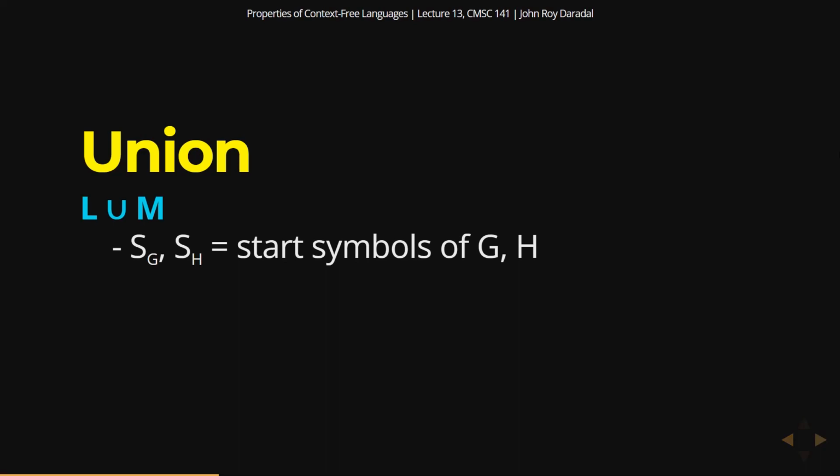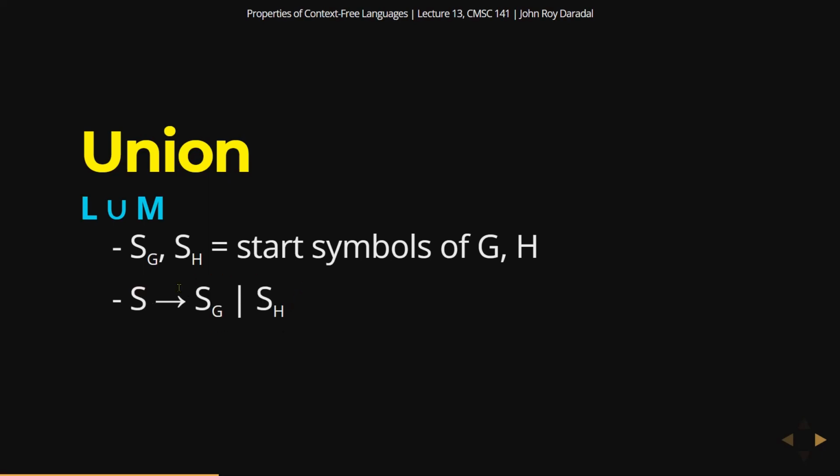To create the context-free grammar for L union M, assuming that S sub G and S sub H are the start symbols of the two grammars, we will just create a new start symbol S and add this production: S could be SG or SH.